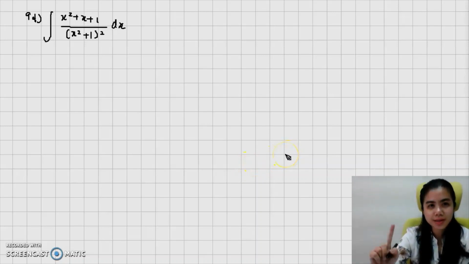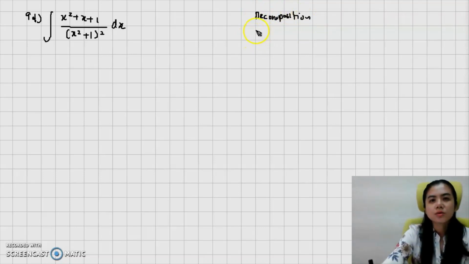Okay, let's look at the last example that we have. This is already in factor form, so let's decompose it. So we have x squared plus x and this.